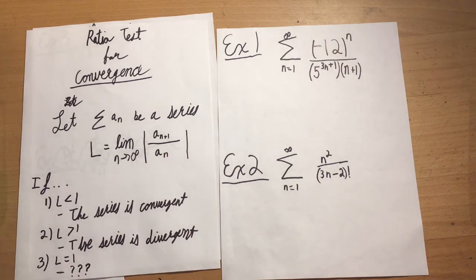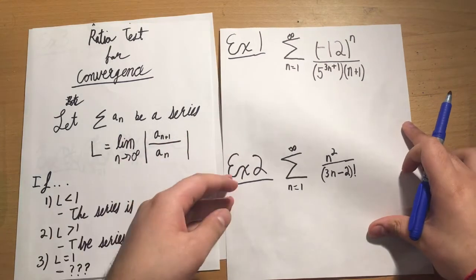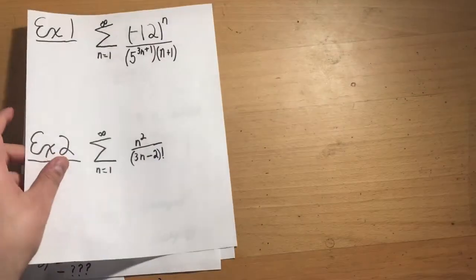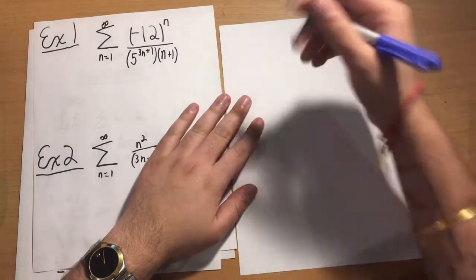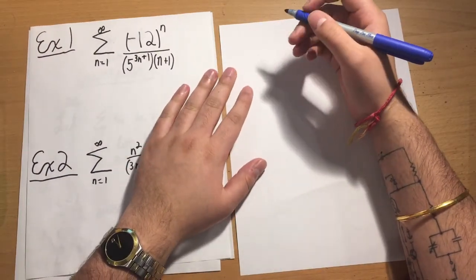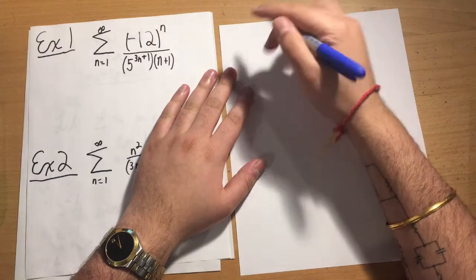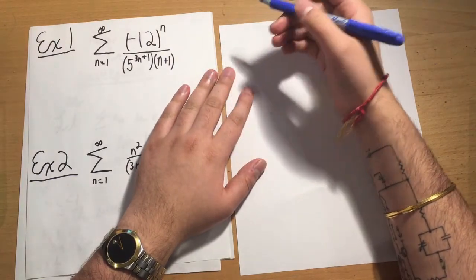The first thing is to take the limit of the absolute value of a of n plus 1 over a of n. This is going to require a little bit of algebra. Your algebra skills really need to be sharp in order to do a lot of the more difficult calculus.